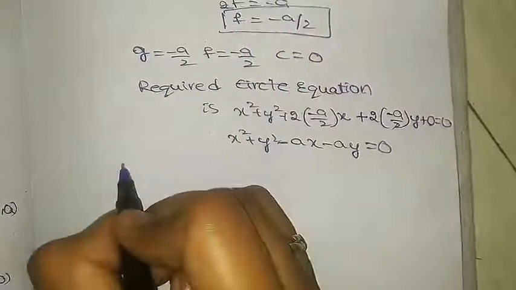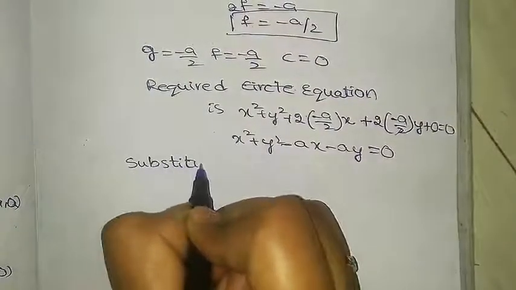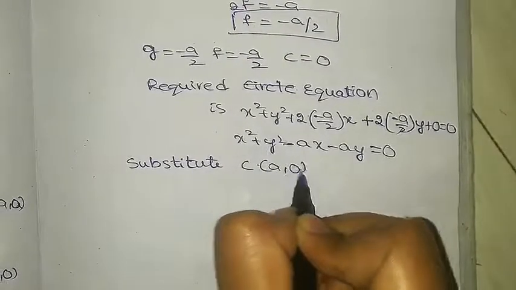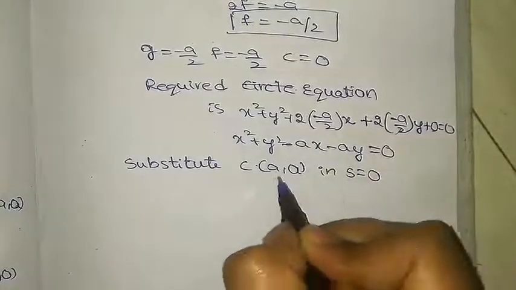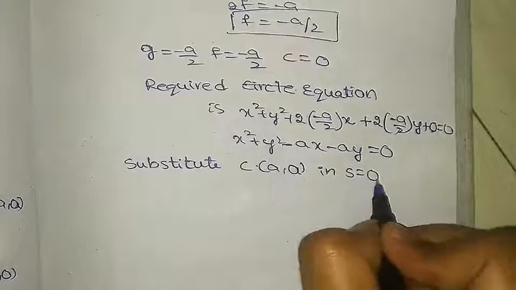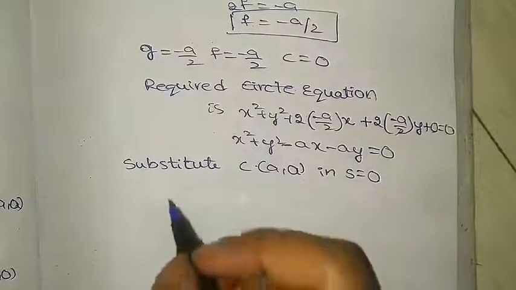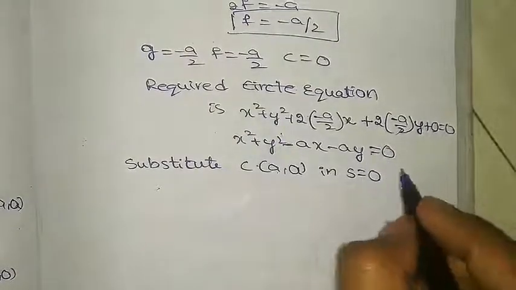Now we have to substitute C (a, a) in S equal to 0. If we substitute (a, a) in S equal to 0 and get the answer 0, then the 4 points are concyclic. So substitute this in equation number 1.